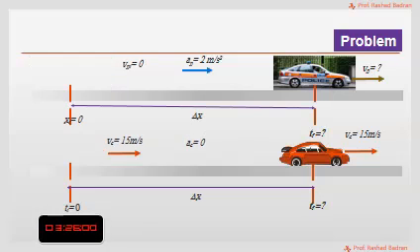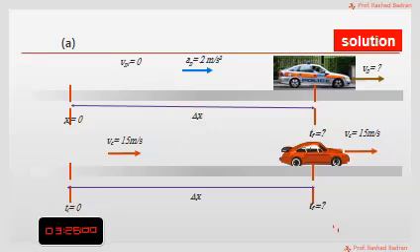So we need to find t final, because t initial is considered to be 0. To do that, we have to remember that the police car and the red car have the same displacement and the same time interval when they meet together. But what we have here are actually two equations.